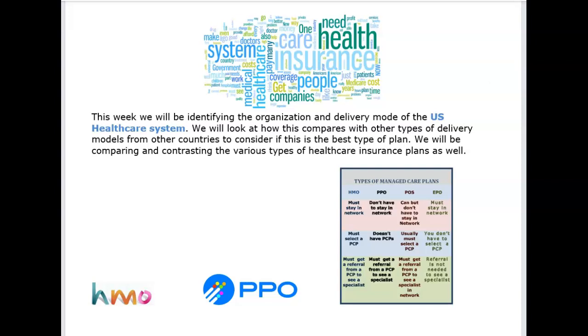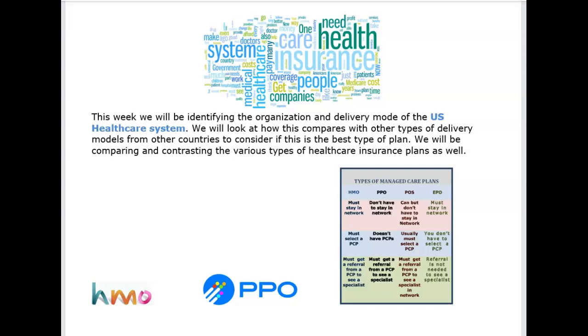And so this week, we will be identifying the organization and delivery mode of the U.S. healthcare system. We're going to look at how this compares with other types of delivery models from other countries to consider if this is the best type of plan. And we will be comparing and contrasting the various types of healthcare insurance plans as well.